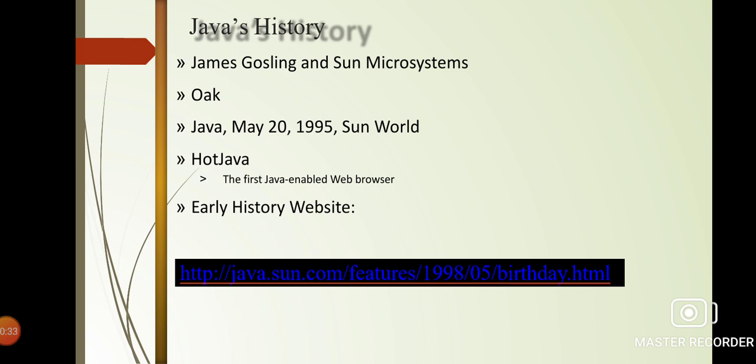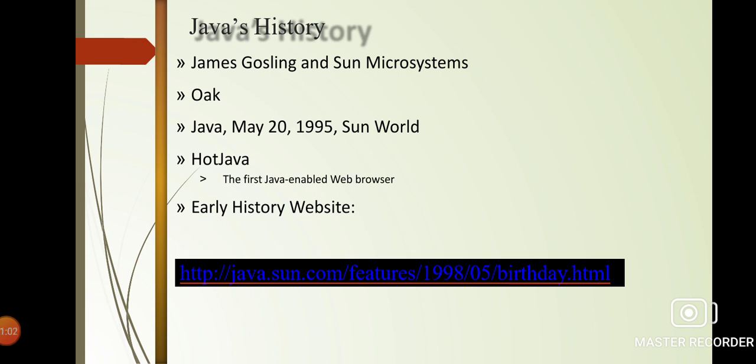And Java history: James Gosling and Sun Microsystems. Java has been developed since May 20, 1995 by Sun Microsystems, and this is HotJava, the first Java-enabled web browser.